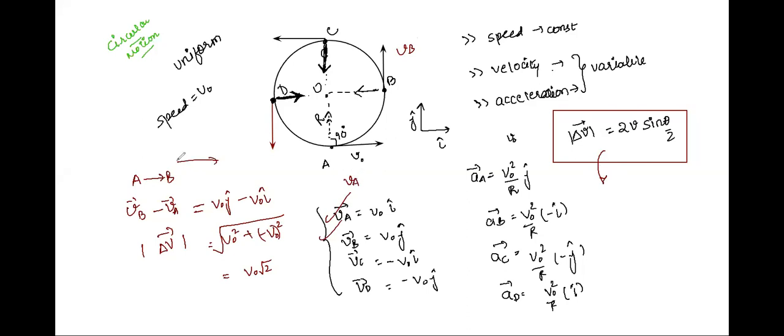Making them co-initial, the angle between VA and VB is 90 degrees. So delta V is 2 times V naught times sine of 90 degrees by 2, which is 2 V naught sine 45 degrees, equal to 2 V naught times 1 by root 2, that is V naught root 2.